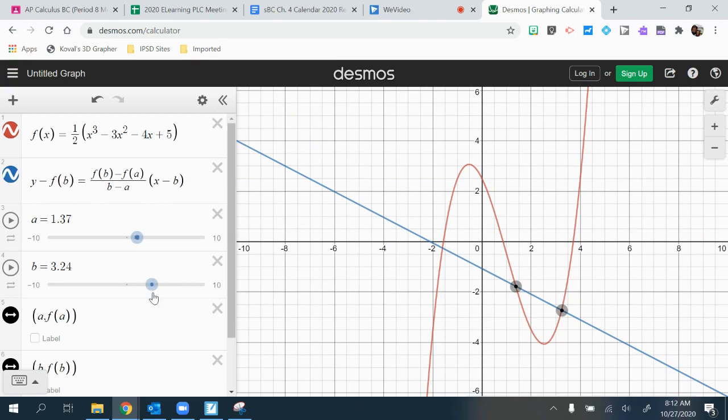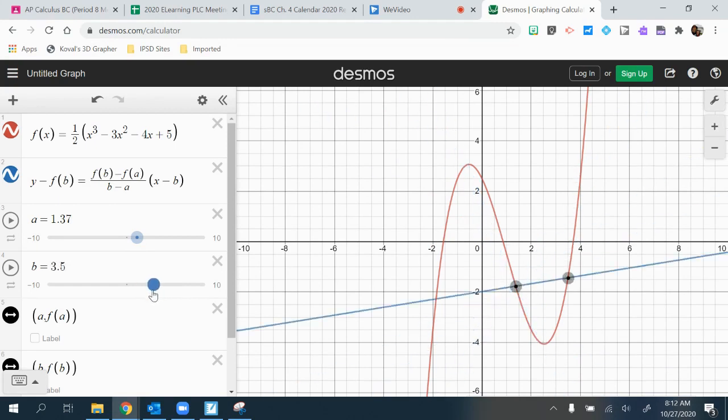So now the question becomes, what happens as these points get really close together? These are secant lines, but what happens if this gets really close together? If I end up at one point, I don't have a secant line anymore.